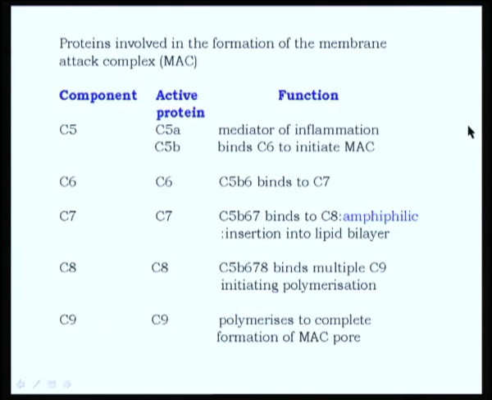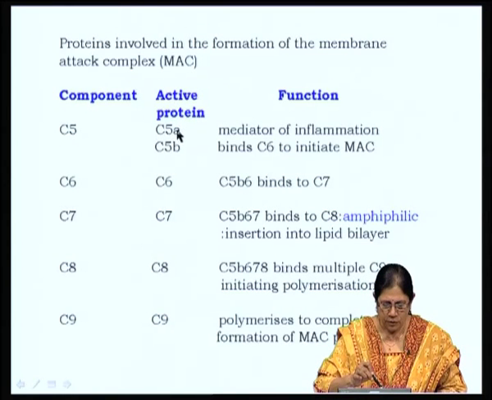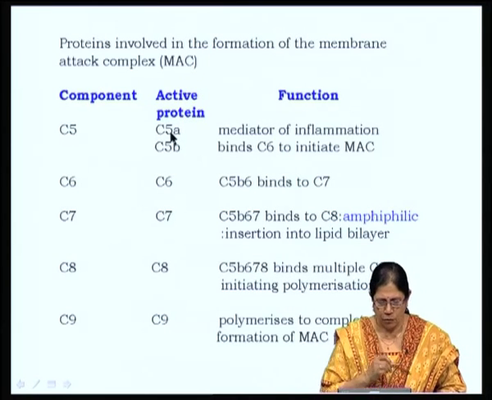Proteins involved in the formation of the membrane attack complex are C5, C6, C7, C8 and C9. The active forms are C5b and the others only after they bind to the components which are activated before, which is C5b.